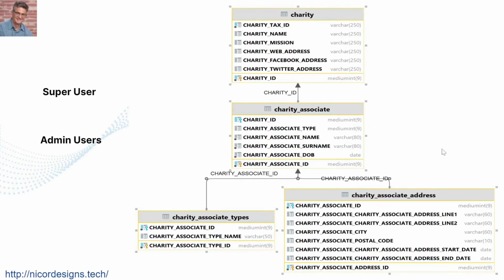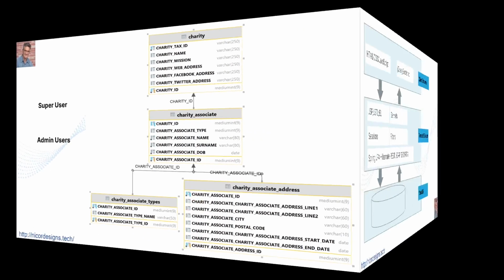Then we have the extension into the charity associate and charity associate address and types. And we see obviously we're going to need super users and admin users in our database as well. For now, let's consider these two diagrams as high-level advisory database diagrams.